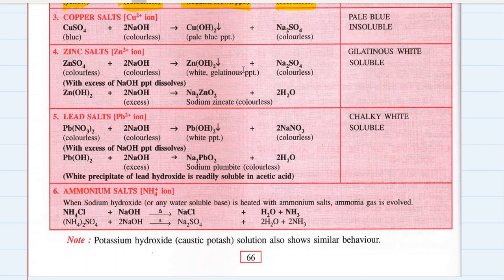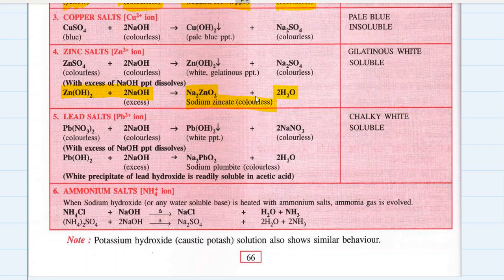With excess of alkali, the reaction is the one given beneath the original reaction. Zinc hydroxide, the white gelatinous precipitate, when it reacts with excess sodium hydroxide, forms sodium zincate, which is soluble in the solution and colorless, and water.